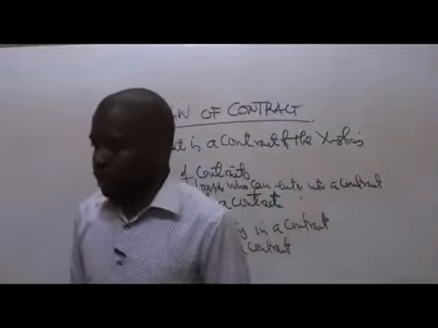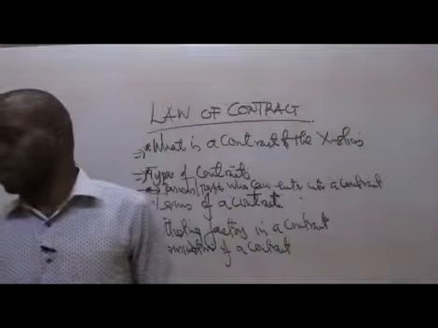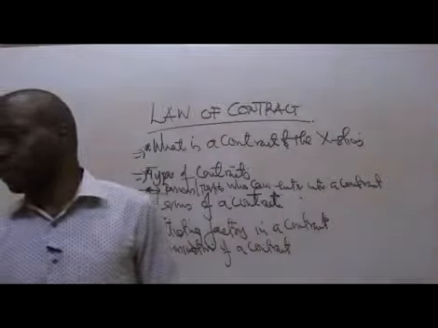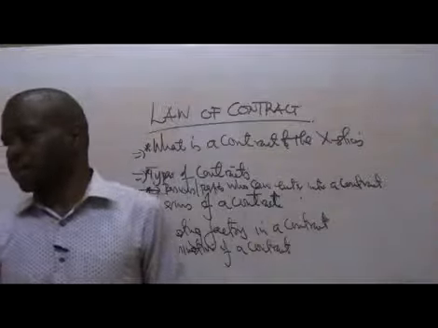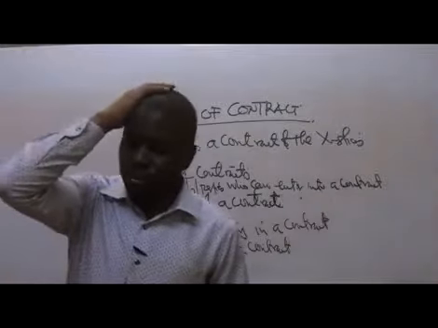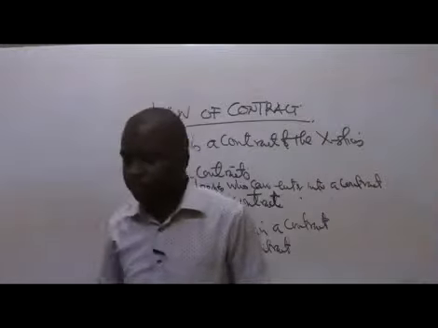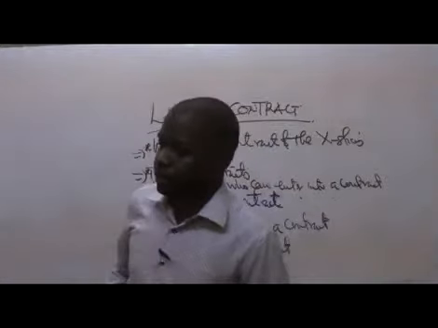So when you talk about a contract, it is simply an agreement that gives obligations to certain parties to fulfill. So an agreement of promises entered into. There is normally a promise that someone makes that he'd be able to fulfill under that particular agreement.